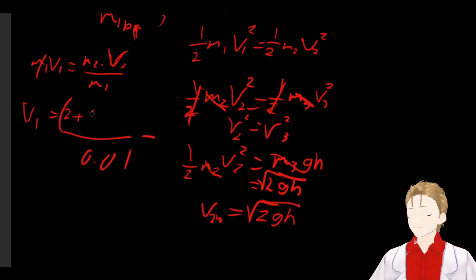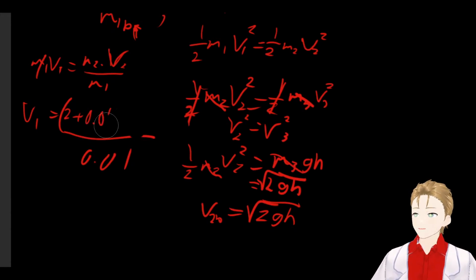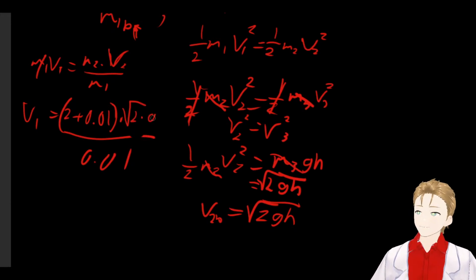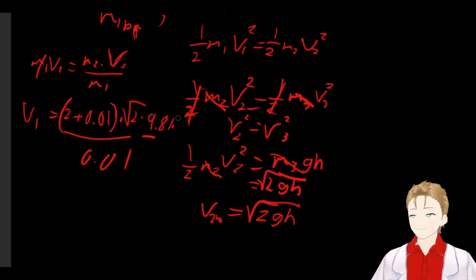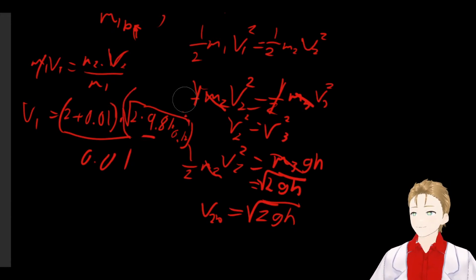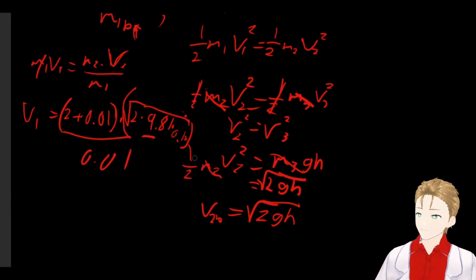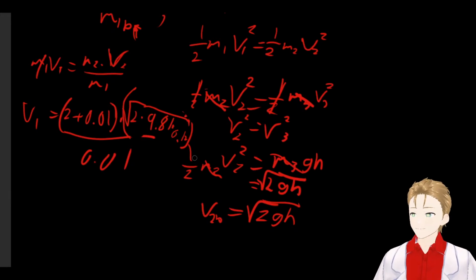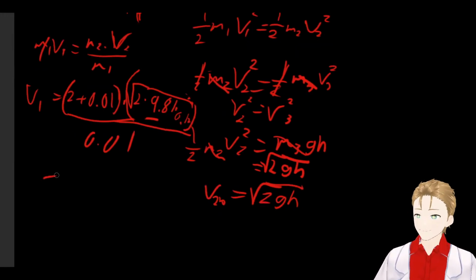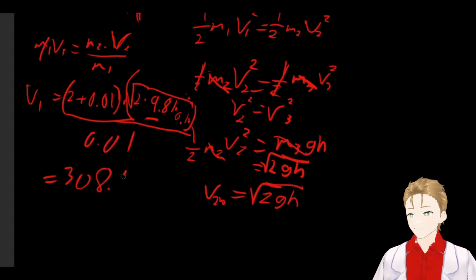Maybe I'll make it a bit tighter. 0.1 times square root of 2 times 9.81 times 0.12. Anyways, that all equals 308.45 meters per second.